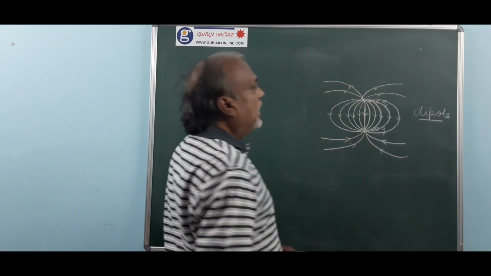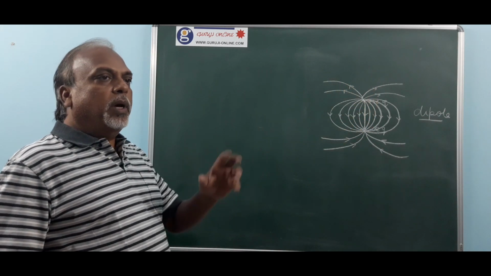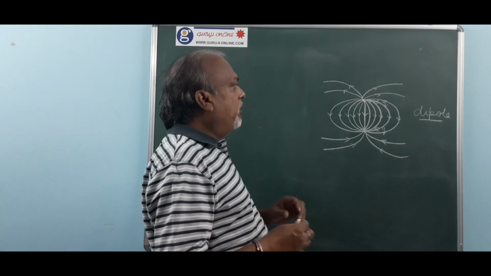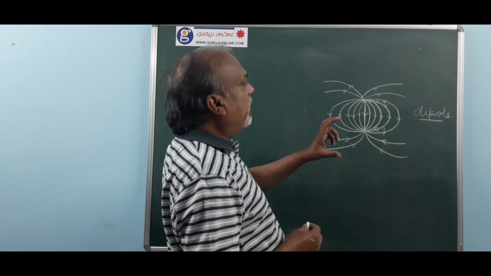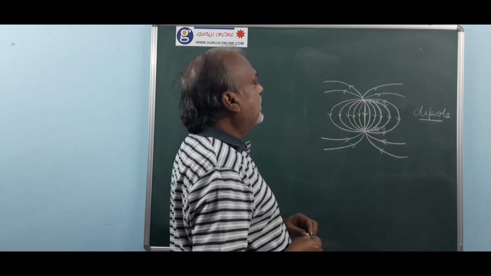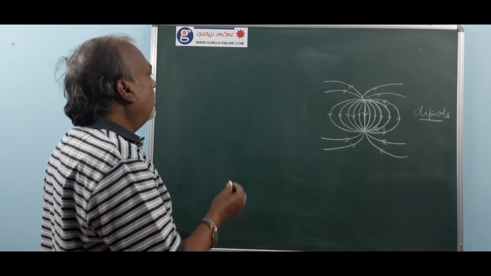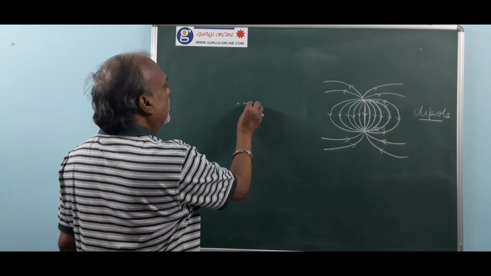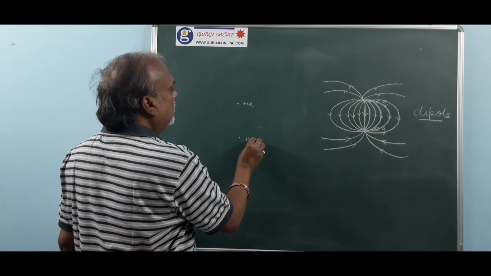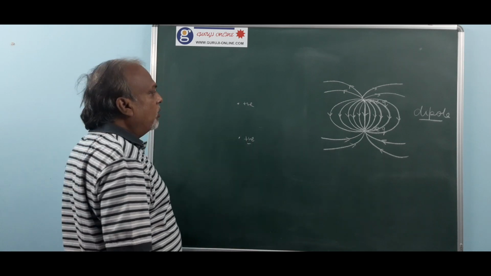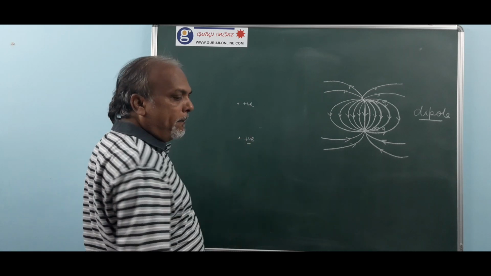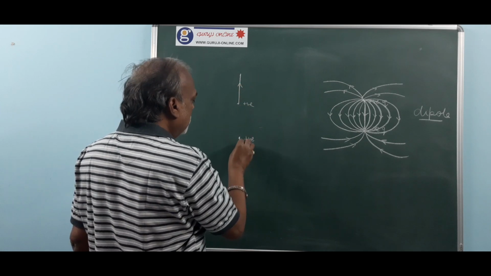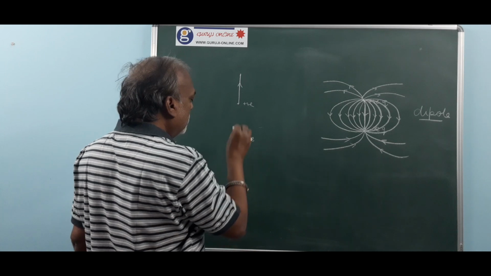If you remember, or we will study in magnetism, the magnetic lines of a magnet, they are the same thing. Now suppose you have like charges. Suppose this is also positive, this is also positive. What will happen? They will repel. So first like this, correct?